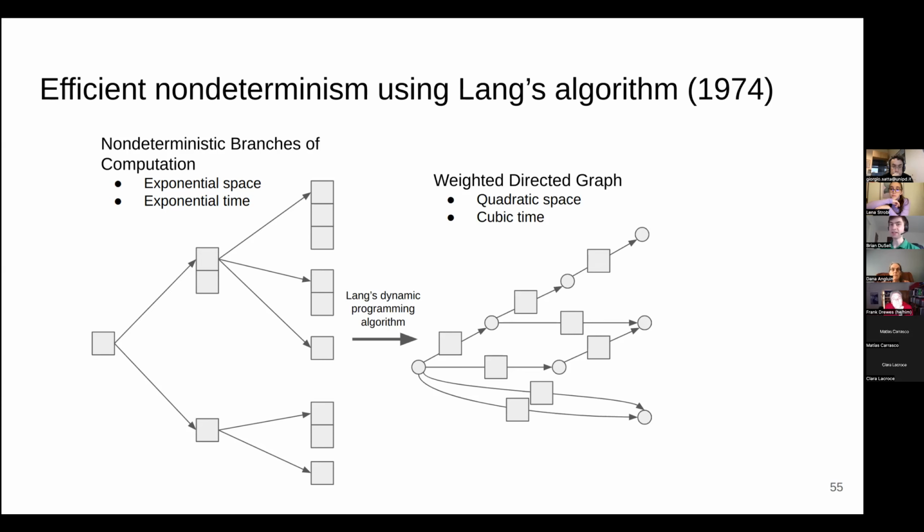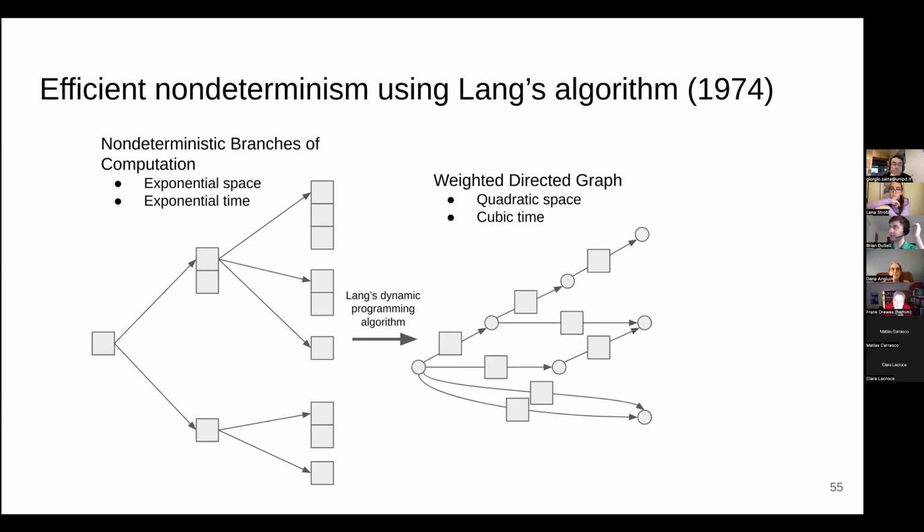The key idea here is to pack this distribution of stacks into a graph with weighted edges, where the edges represent stack symbols. We can do this with quadratic space and cubic time, which shouldn't be too much of a surprise if you're familiar with CFG parsing with something like Earley or CKY.